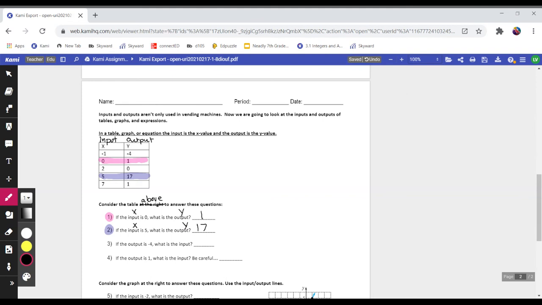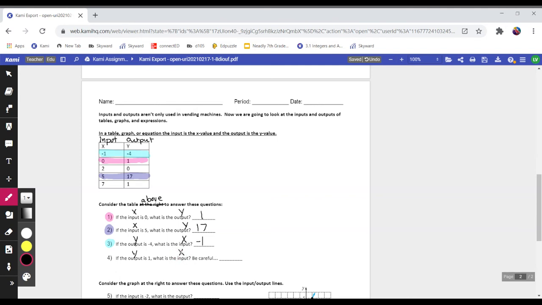For number 3, if the output is -4, what is the input? Well, this one's asking for a different part. It wants you this time to solve for the X. It's telling you what the Y is. It's saying that Y is -4. So I need to find my -4 for Y. Oh, that corresponds to my -1 for X. So if the output is 1, my Y value, what is the input?